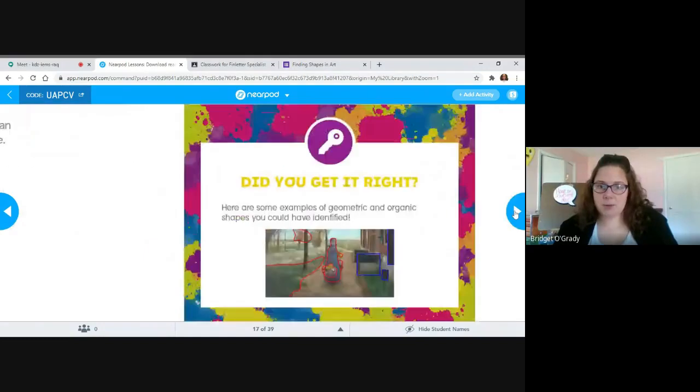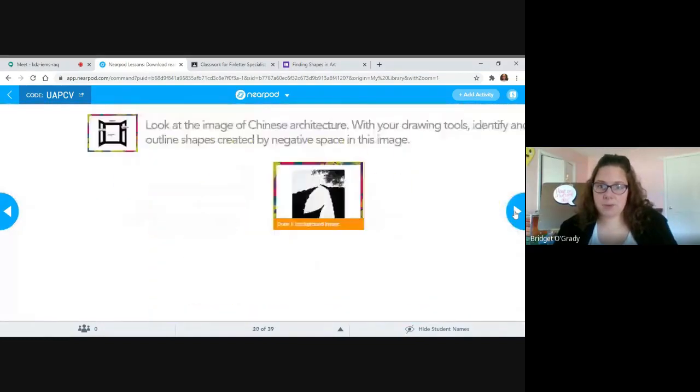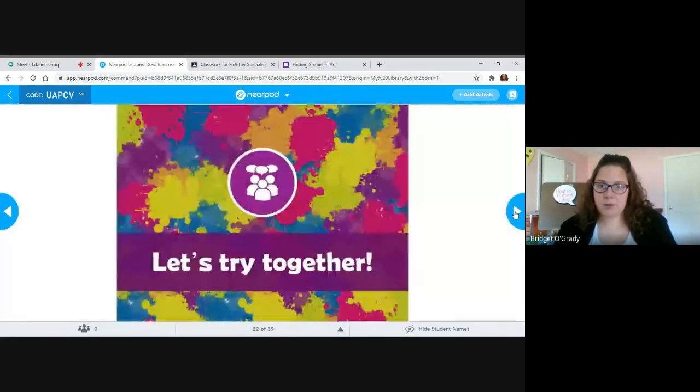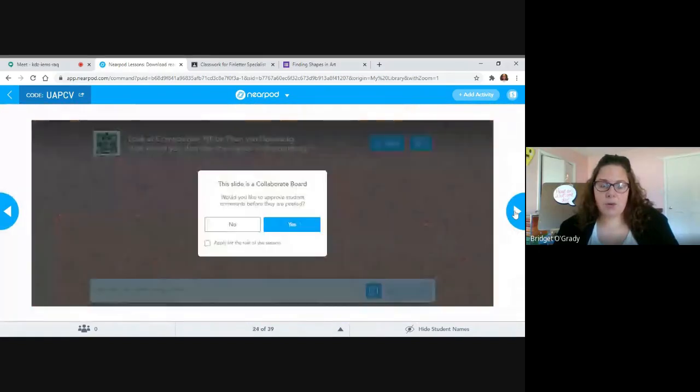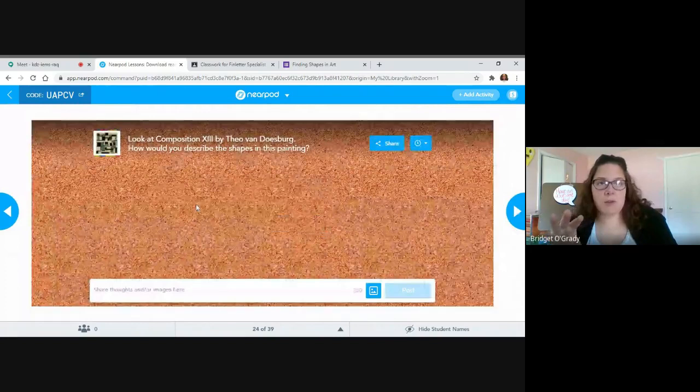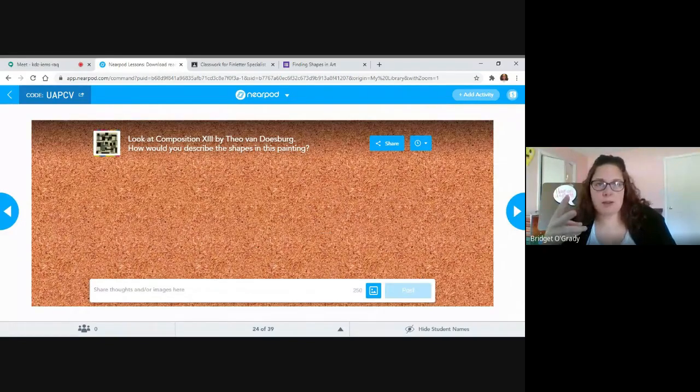So we're going to skip over this part. What you're going to be doing for your assignment, this was kind of our practice or exit ticket, is looking closely at two paintings.